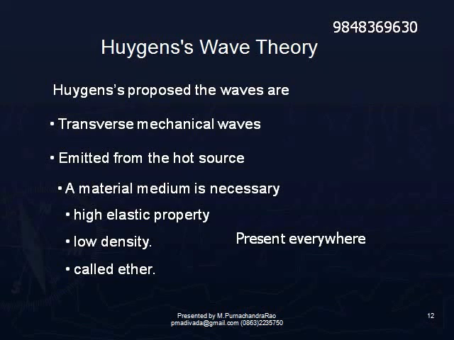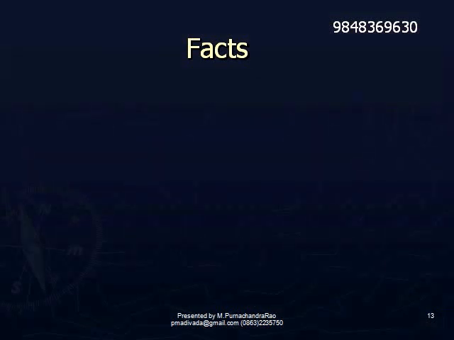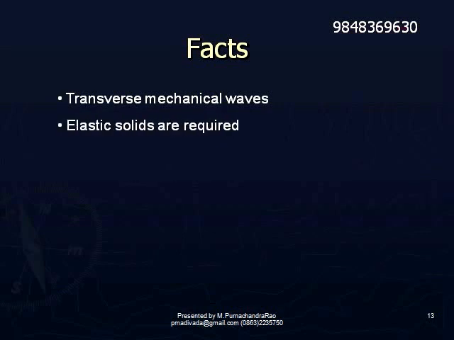This medium is present everywhere in the universe, including the space between the protons, electrons, neutrons, etc. In fact, for the propagation of transverse mechanical waves, an elastic solid medium is required, with high elasticity and low density.